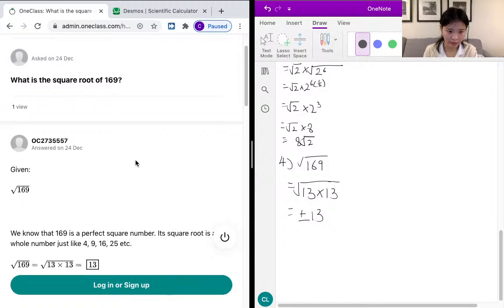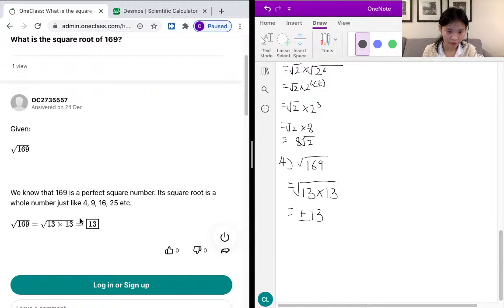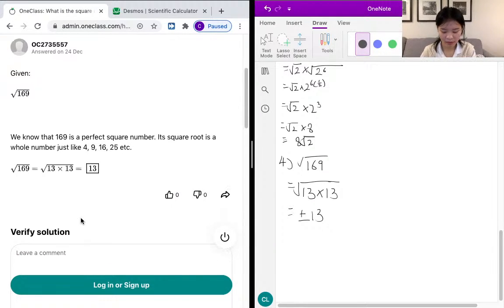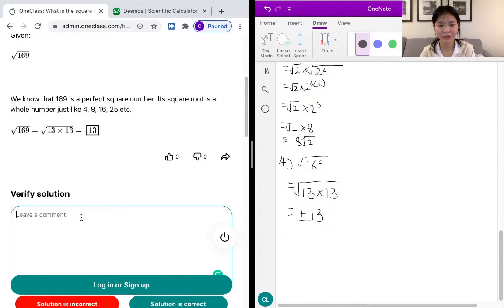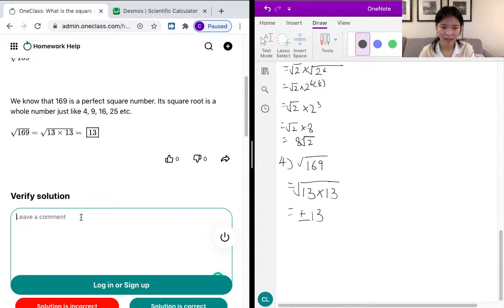Let's look at their simple solution here. They just said 13, but that's fine because it kind of depends. If you're in middle school or middle high school, the teacher is probably just going to say the square root of something is just 13. But when we get to higher level math, they're going to say it's both positive 13 or negative 13.